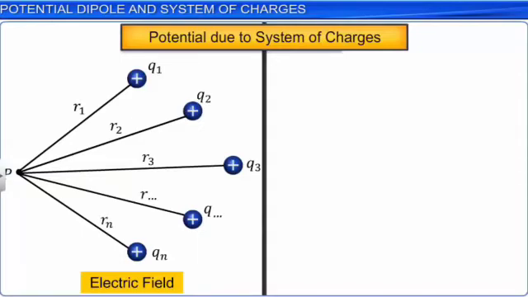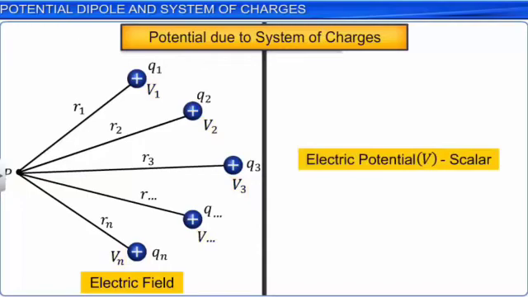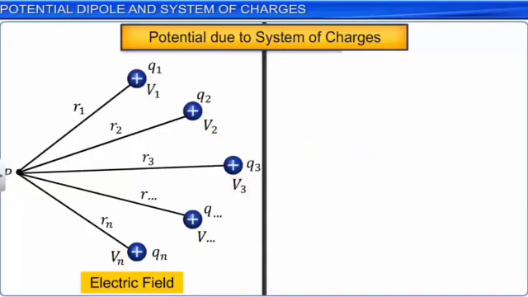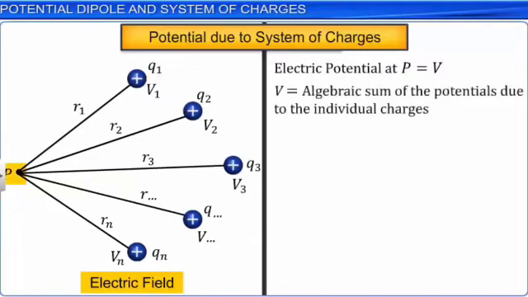The potentials due to Q1, Q2, Q3, and so on up to Qn at point P in the electric field are represented by V1, V2, V3, and so on up to Vn respectively. Since electric potential is a scalar quantity, the net electric potential V at point P will be equal to the algebraic sum of the potentials due to the individual charges.